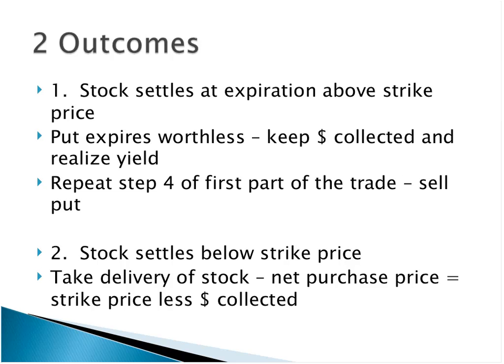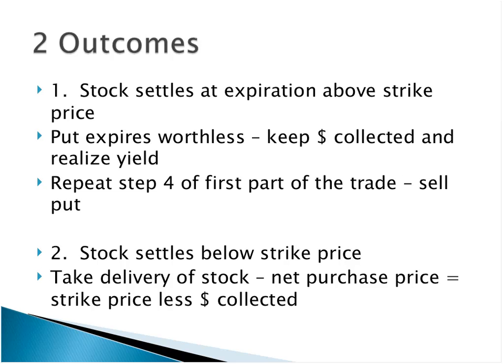And there's a question in here, let me just get to that in 1 second. The second outcome, though, is that the stock settles below the strike price. In that case, we are going to take delivery of the stock. So in the case of the $80 stock, if I sold the 70 put and the stock got down to 65, well, my put then would be exercised.